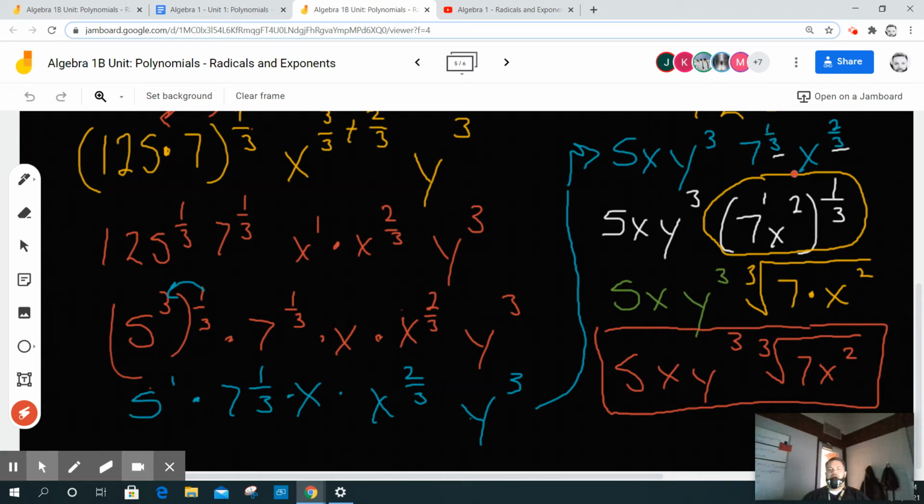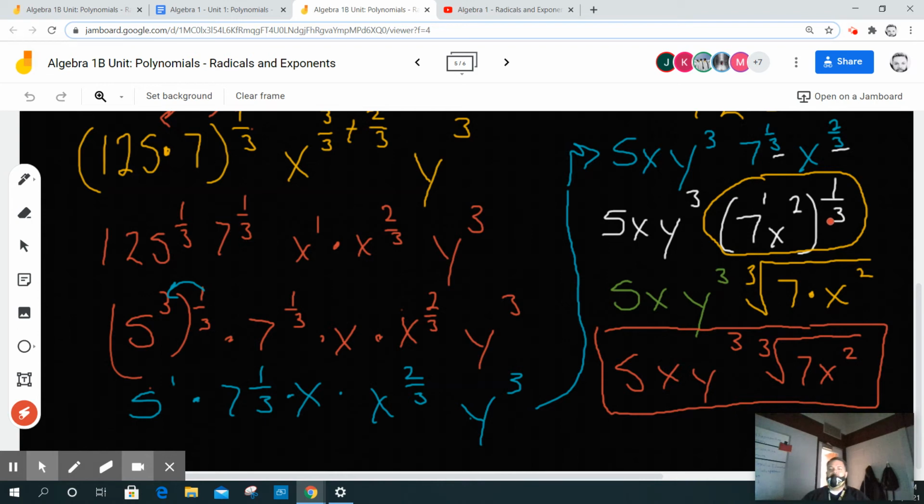Now, in the next step, I'm going to factor out that 1/3. In other words, 7 to the first power raised to the 1/3 gives me this. X squared raised to the 1/3 is the same as saying x to the 2/3.